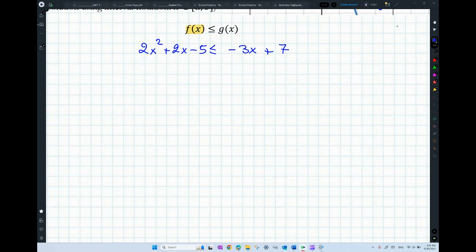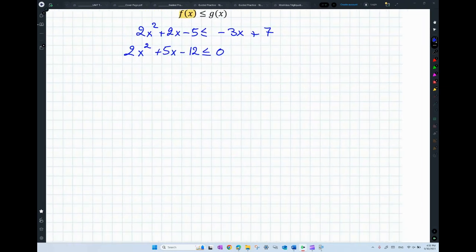So I'm going to put everything on one side and have 2x squared, 2x plus 3x is 5x, -5 minus 7 is -12. And I'm left with 0 on the right side. The simplest way for now is to solve the corresponding equation. So if I solve 2x squared plus 5x minus 12 equals 0, the simplest way is to do so by factoring.